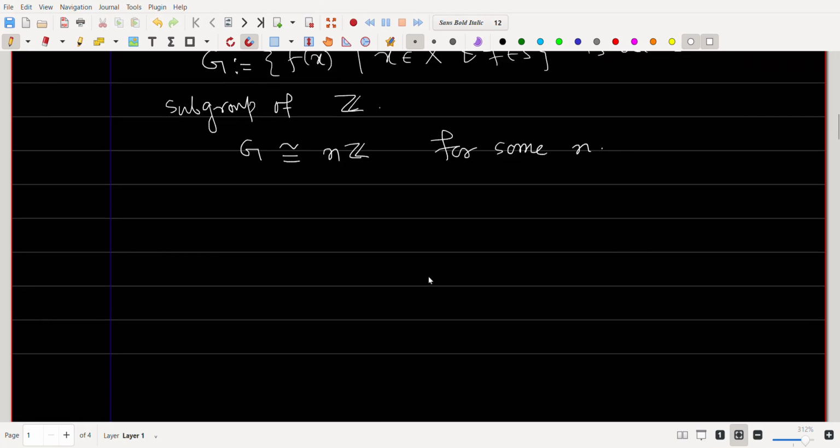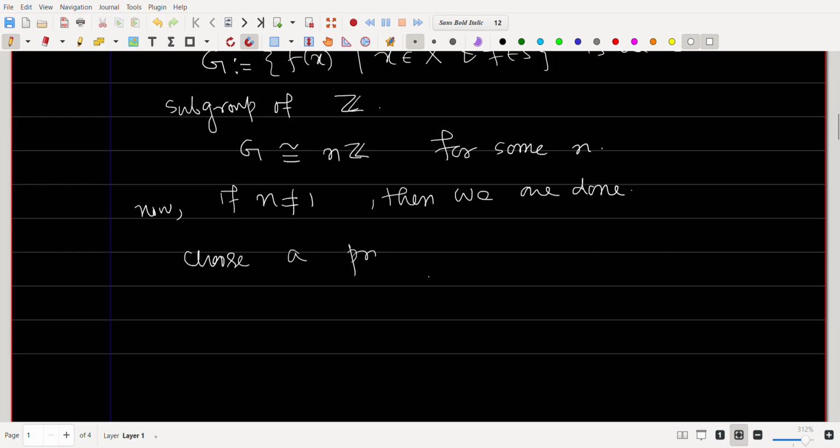Now if n is not equal to 1, then we are done. Why? Because if n is not equal to 1, then choose a prime factor of n, say p.